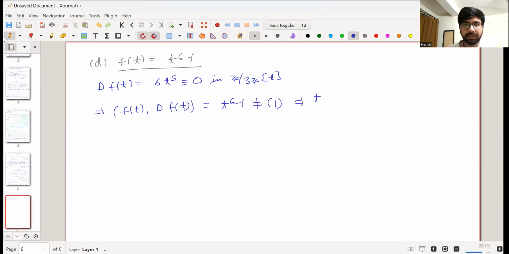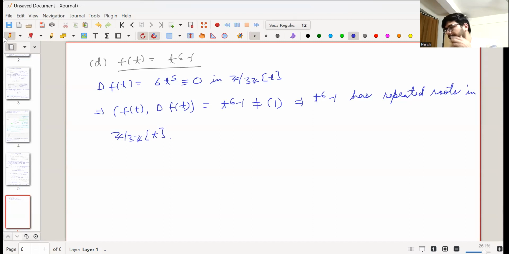This implies t^6 minus 1 has repeated roots in Z mod 3Z[t]. Okay, so that's question number 3.